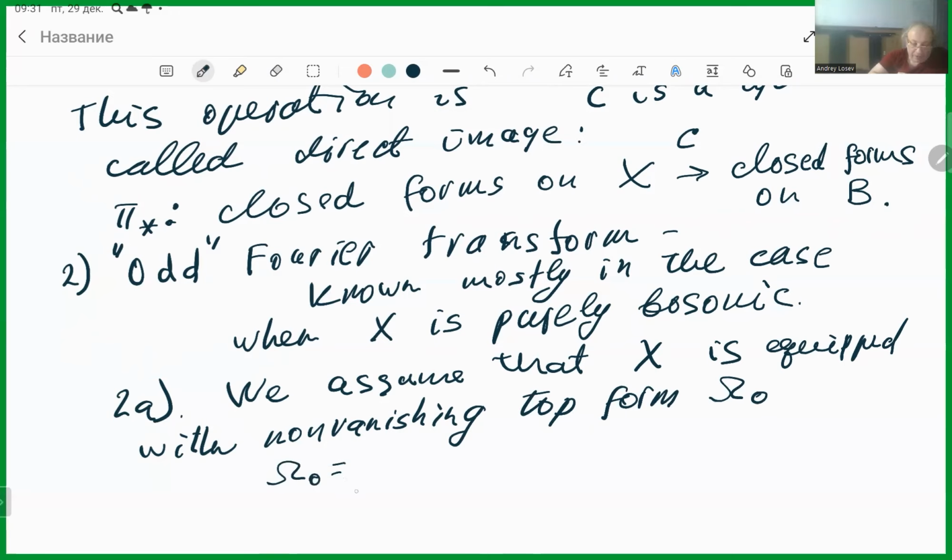How can I write it? Rho of X psi 1 dot psi n. N is the dimension of X.